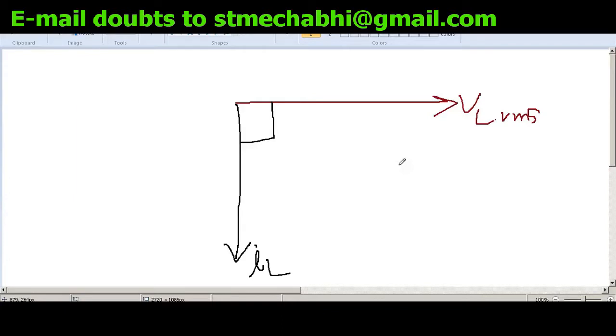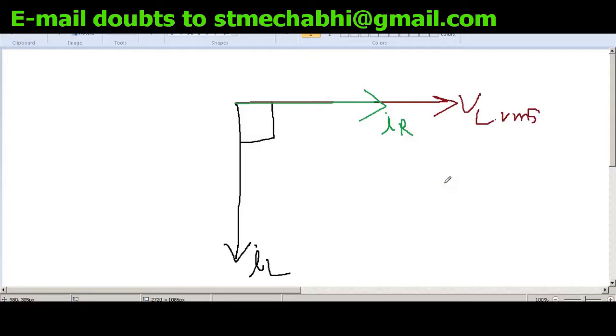Voltage and current will go in line, because the same VL voltage is applied across the resistor. So along the same line, I mark the current across the resistor, which is IR. No doubt.